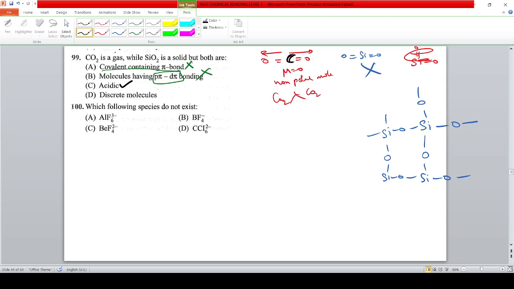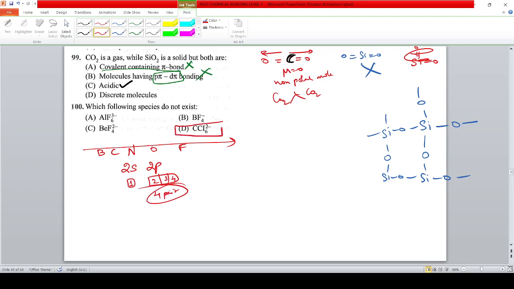Okay. Then, 100th question. Which of the following species does not exist? Yeah, it is a very easy question. I already told you, like nitrogen, elements in the second period: boron, carbon, nitrogen, oxygen, fluorine, they all have 2s orbital and 2p orbital. So how many pairs of electrons can they hold? 1 pair, second pair, third pair, fourth pair. They can have only 4 pairs of electrons in their valence shell.